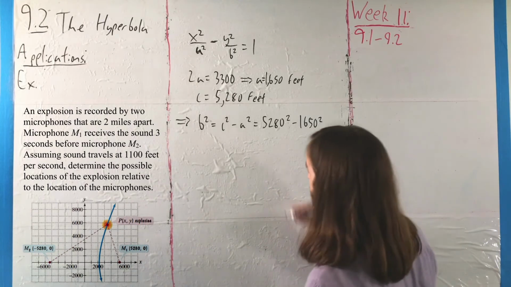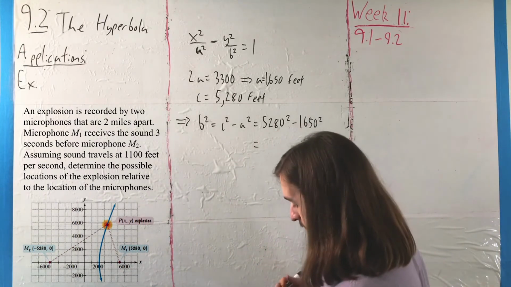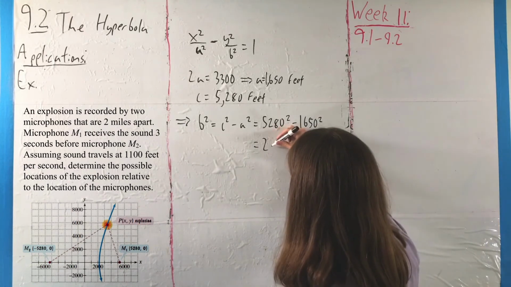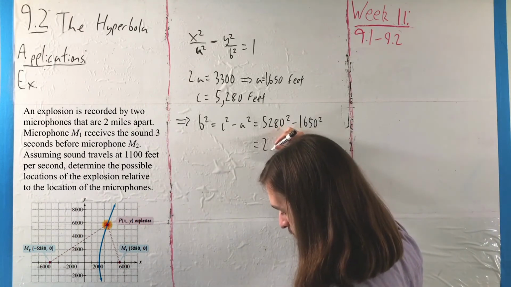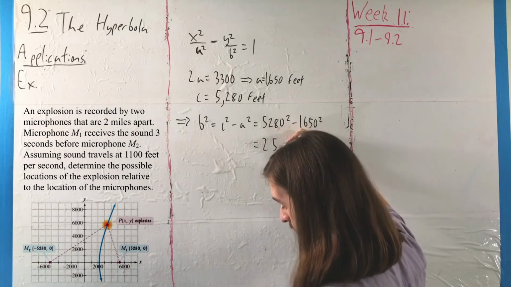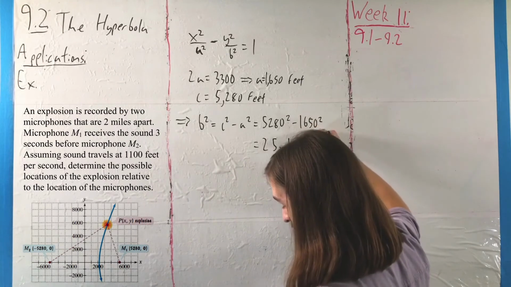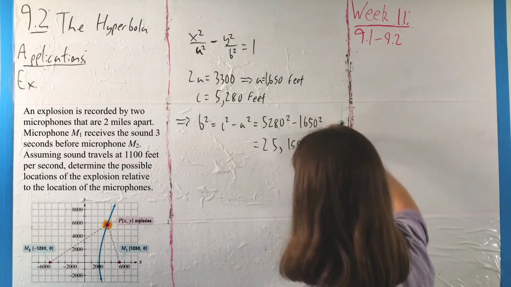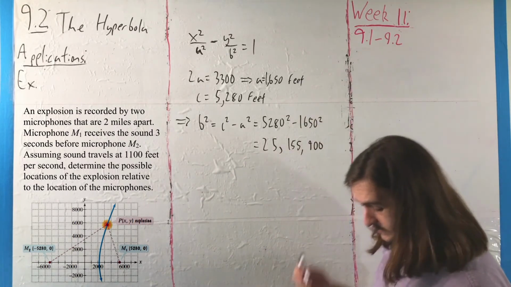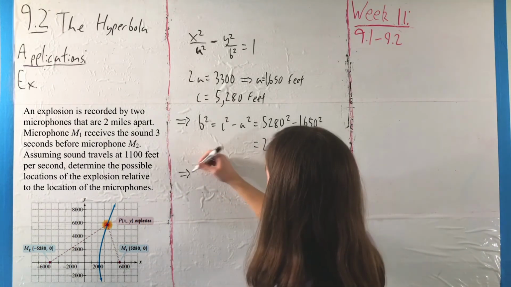You're a lot better at math than I am, but I'd probably recommend some sort of computation to finish this off, where you would get that the value for b squared is 25,155,900.